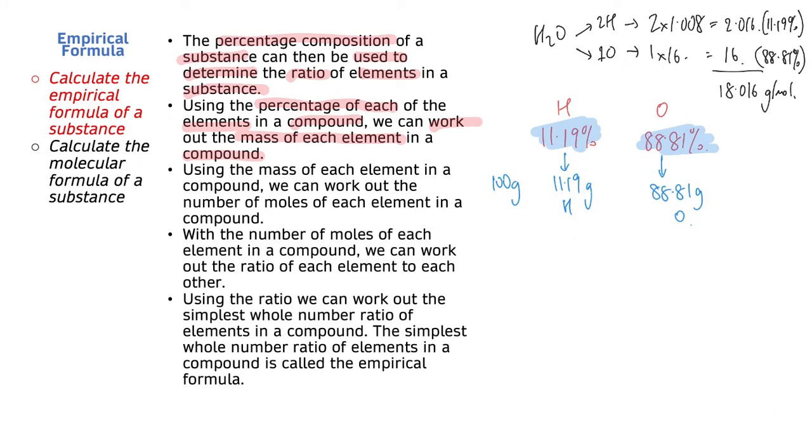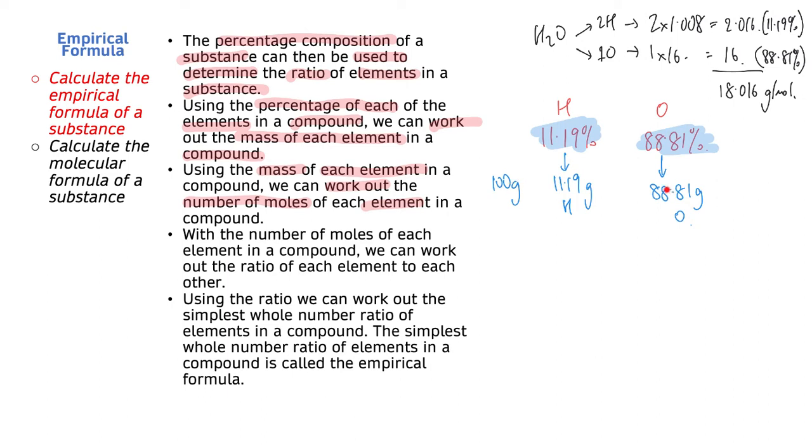All right. So using the mass of each element, we can work out the number of moles of each element. So now that we've got the mass of each of them, because you can't work out the moles from a percentage. Now I know that these two numbers are exactly the same, but remember, one is a percentage, one is a mass in 100 grams.